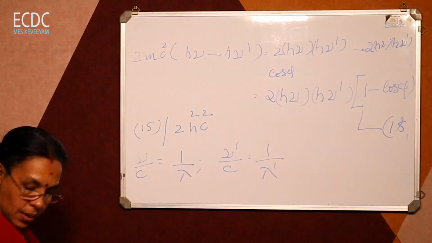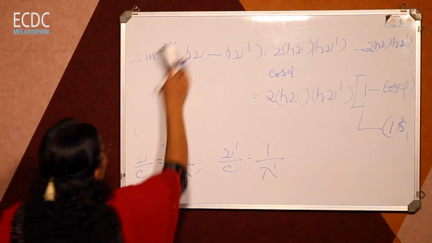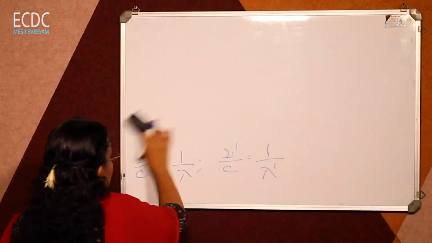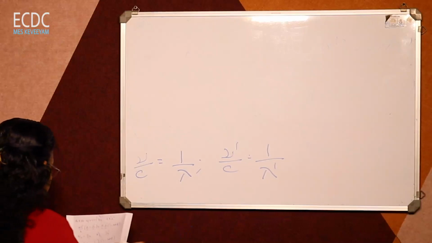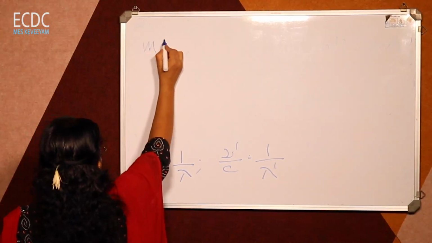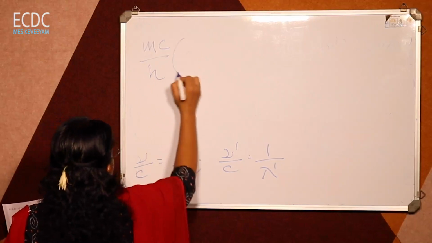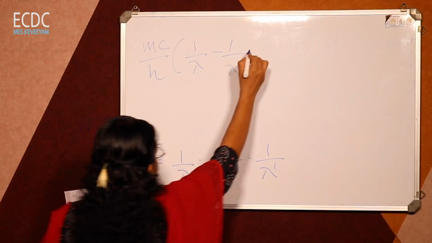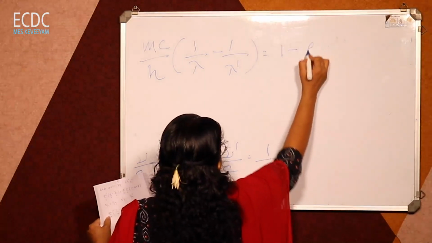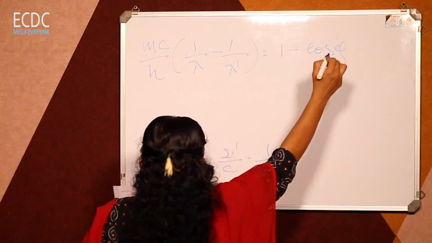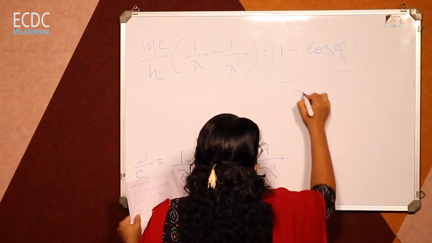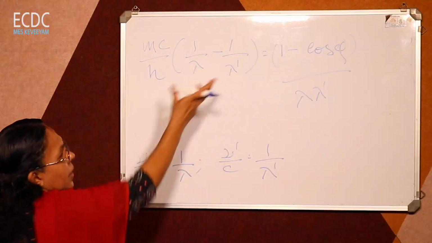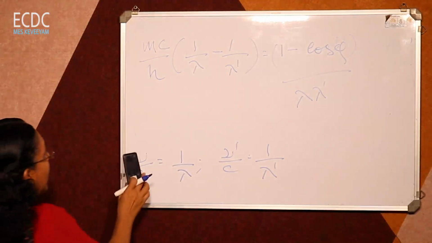So we can write the above equation as mc by h into (1 by λ minus 1 by λ′) equal to (1 minus cos φ) divided by λ′.